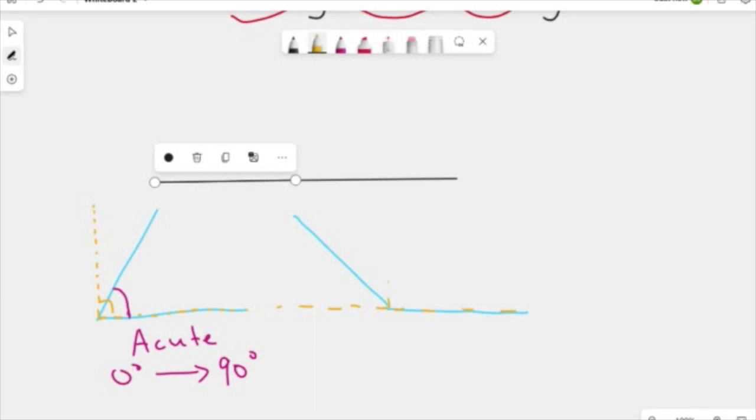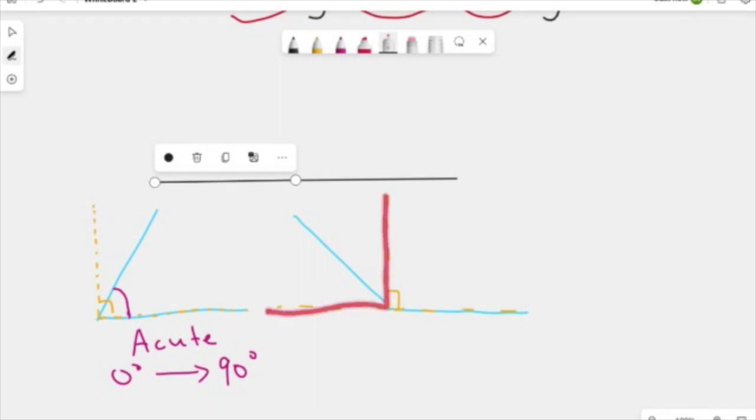So our obtuse, let me actually draw this in. If we had our 90-degree perpendicular line, we can see this one on the left fell in this bit here, this kind of quadrant, we'll call it. And that terminology will come into play a bit later in trigonometry and angle relationships and things like that.